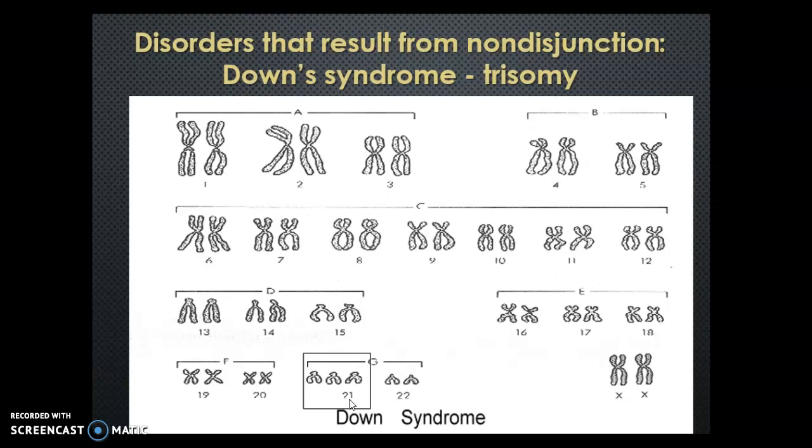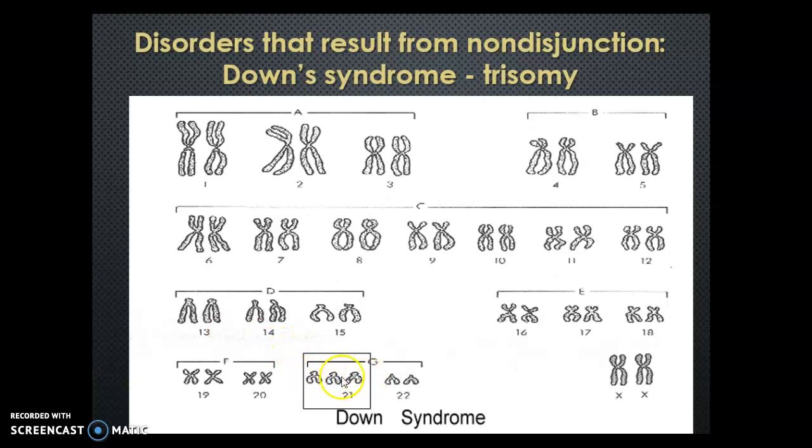Having an extra chromosome or a missing chromosome, it very much matters where that chromosome is extra or missing, because it leads to very specific different disorders. So if we were talking about chromosome 21, that leads to what's called Down syndrome, which is a disorder that we are relatively familiar with because it's somewhat prevalent in our population. But if we were talking about chromosome number 13, that would cause a very different impact.